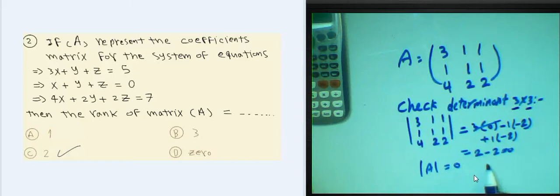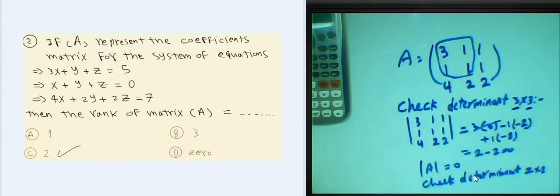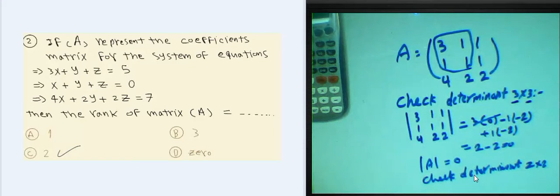Check the 2 by 2 determinant. In the next step we must check the 2 by 2 determinant here. Choose 3 and 1 and 1 and 1, and we can find the matrix from it. 3 and 1 and 1 and 1.